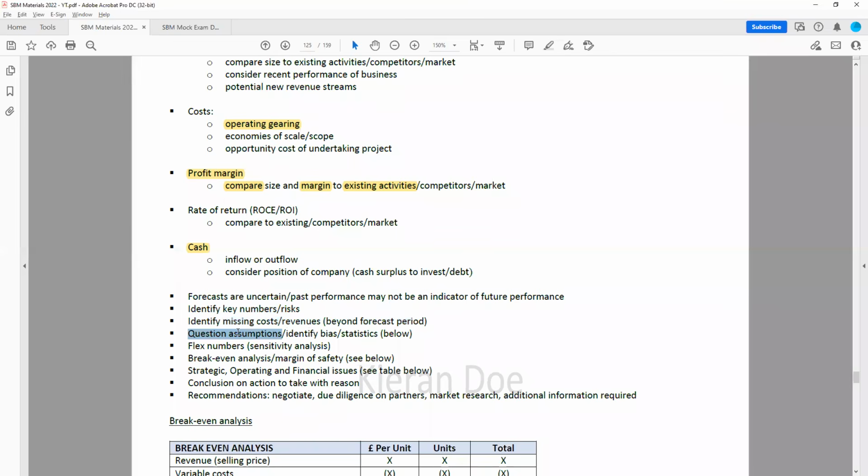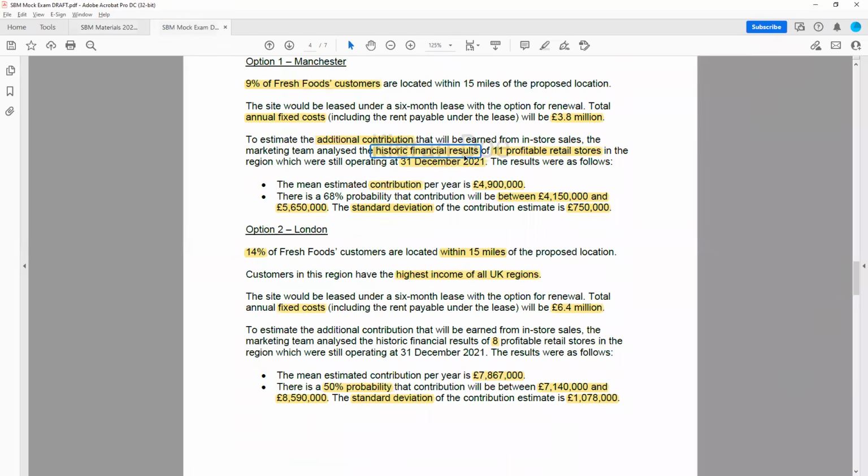You certainly want to question any assumptions that have gone into it, or identify some bias in the data. And then we'll think about statistics as well. So if we look at some of these assumptions, as we've already said, they're looking at historic financial results, but also they've looked at 11 profitable retail stores in the region, which were still operating at the most recent calendar year end.